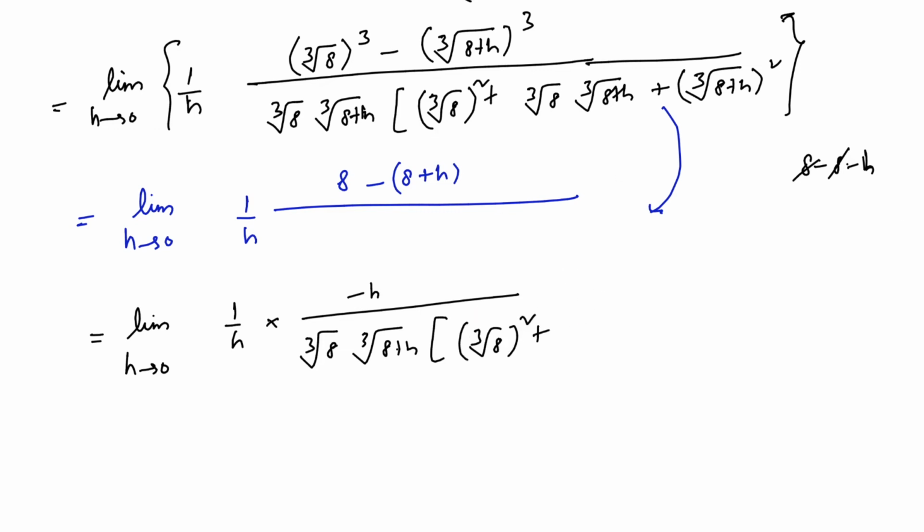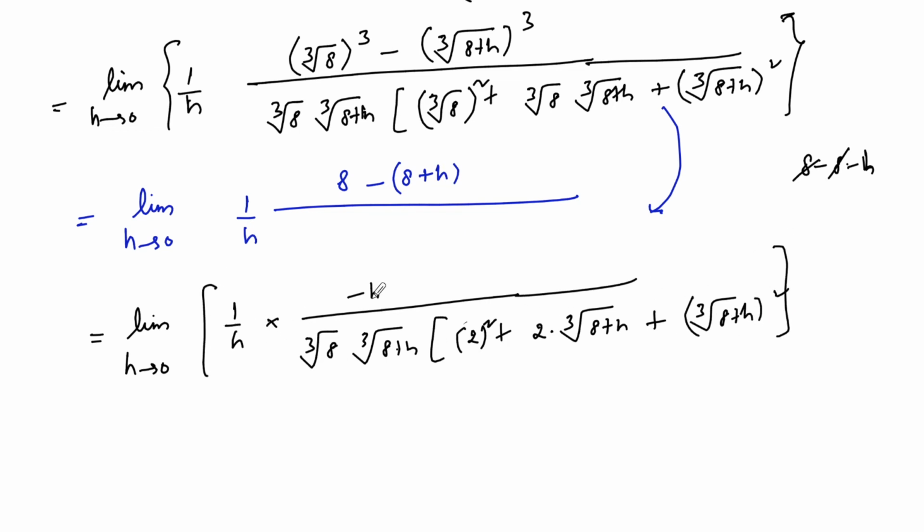Cube root of 8 is 2, so we can write it as 2 square plus 2 into cube root of 8 plus h plus cube root of 8 plus h whole square. Then we can cancel this h and h. Now it is not in the form of 0 by 0, so we can simply substitute h is equal to 0.